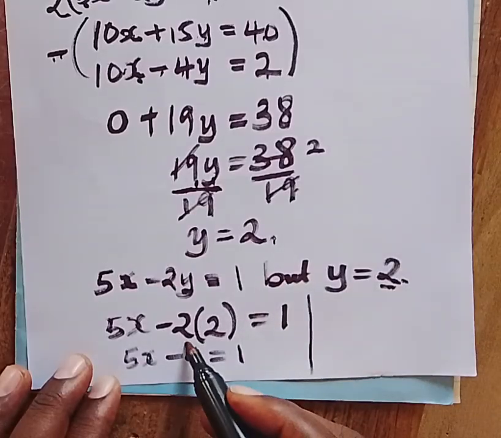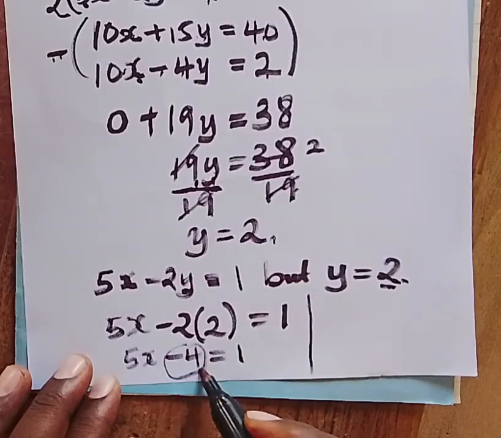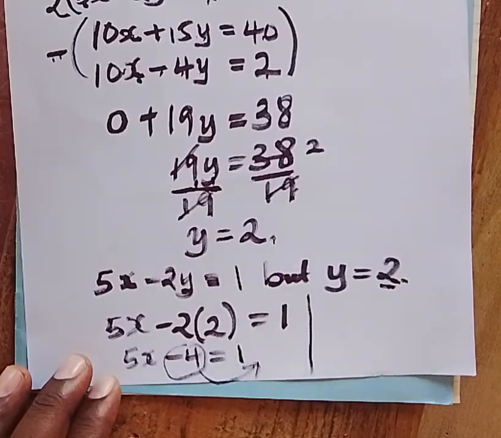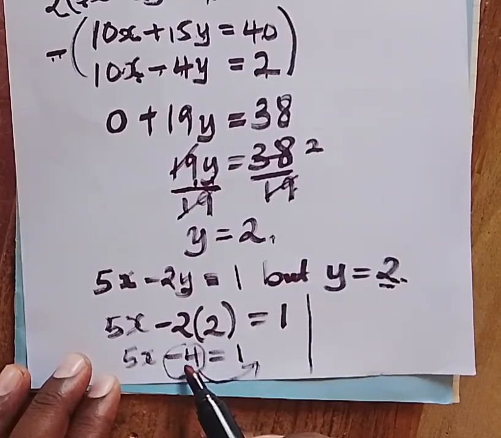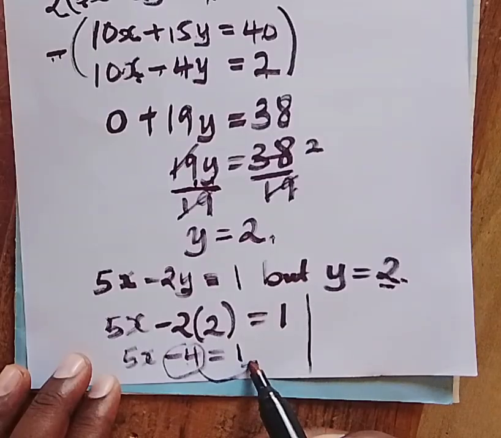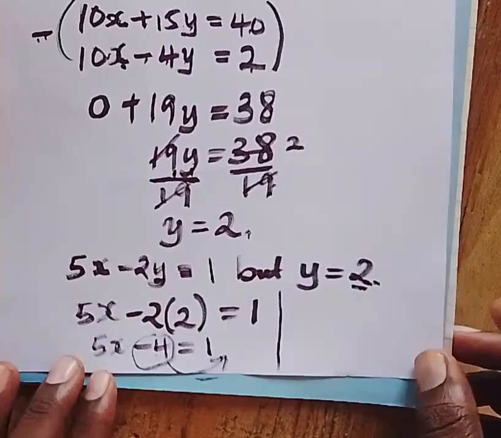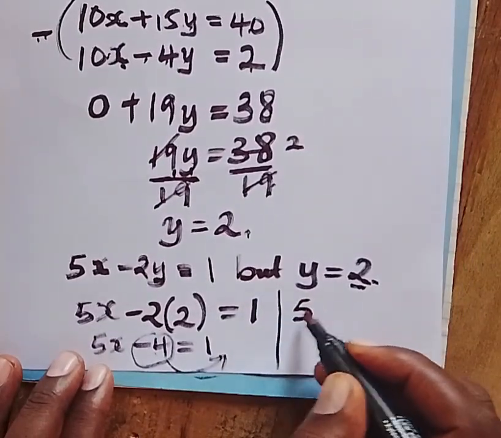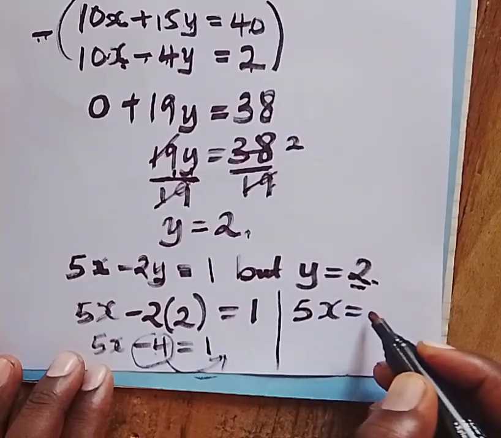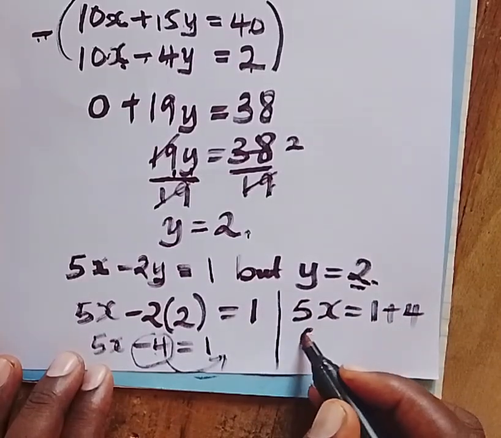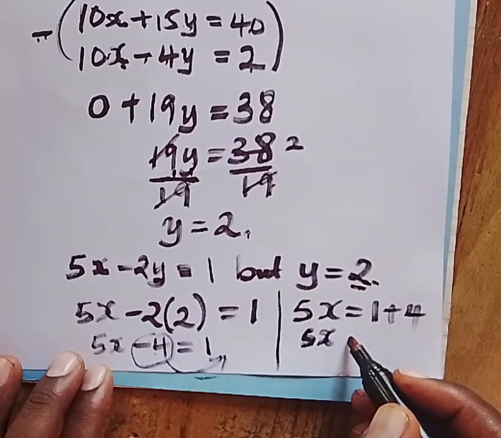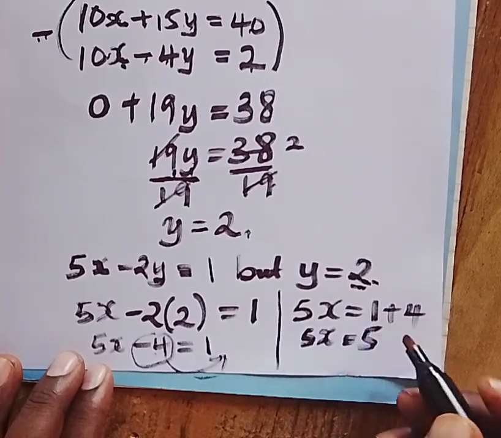This means that this 4, you can take it to the other side. Because it was negative, if you take it here, it becomes positive. So we will have 5x is equal to 1 plus 4, and 5x is equal to 5.